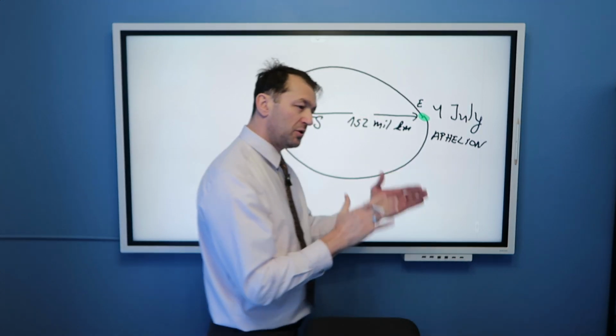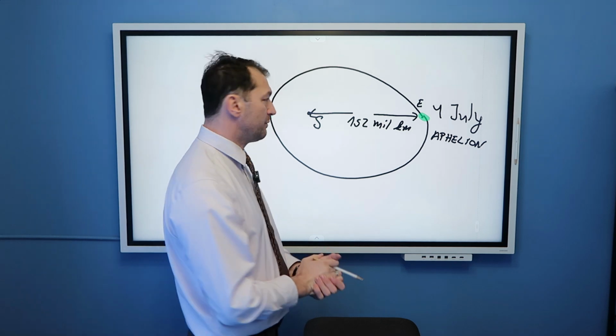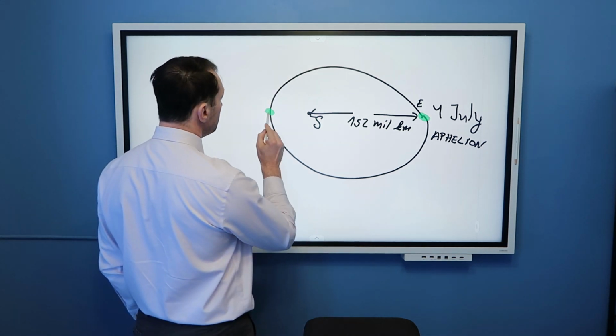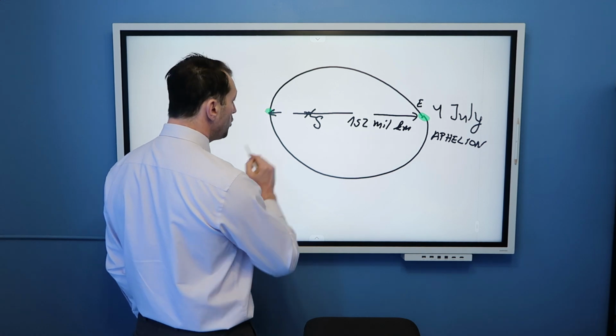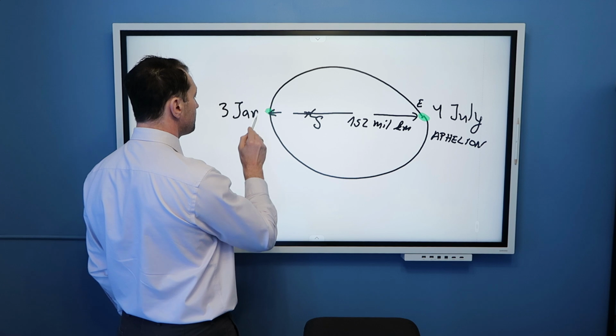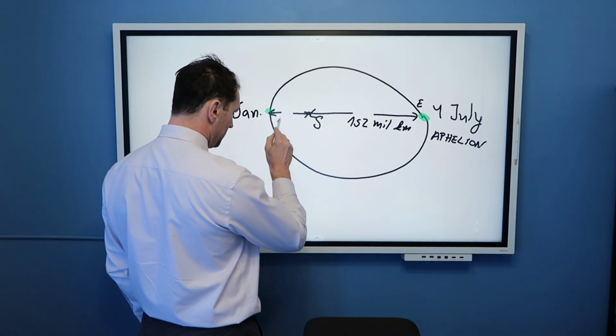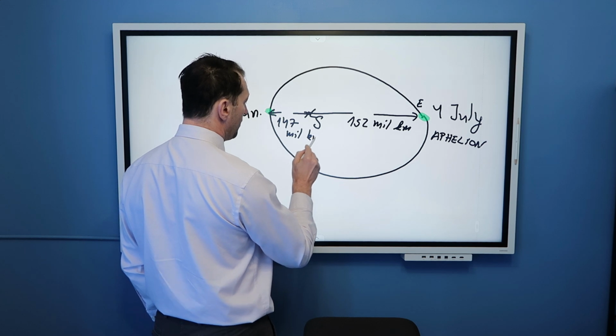You know from chapter 2 that the average distance between the Earth and the Sun is 150 million kilometers. And there is this point over here when the Earth is closest to the Sun, and this is happening on 3rd January, and the distance is 147 million kilometers.